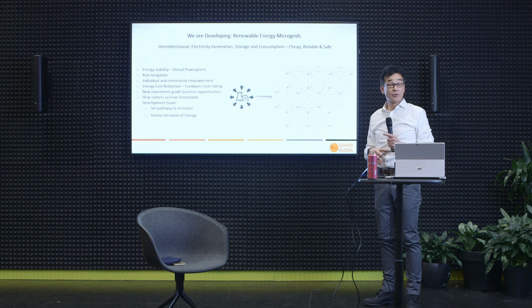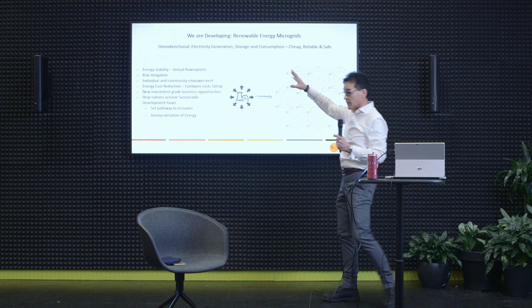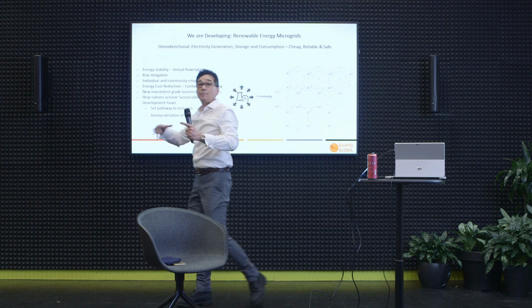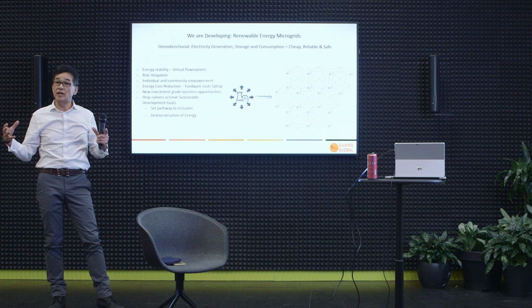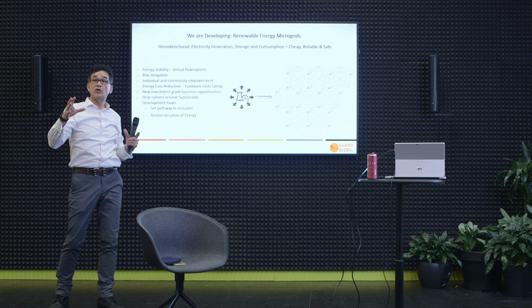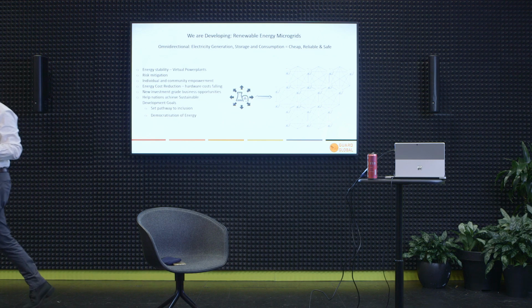Energy stability through the use of virtual power plants. Every microgrid is going to be a capacitor for electrical energy. It can store wind energy, solar energy, geothermal energy, and when it's needed, it can be released, thus stabilizing the national grid and the power stations.